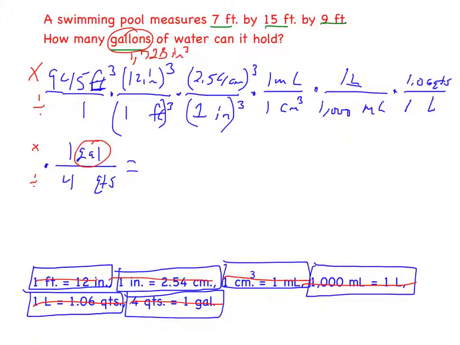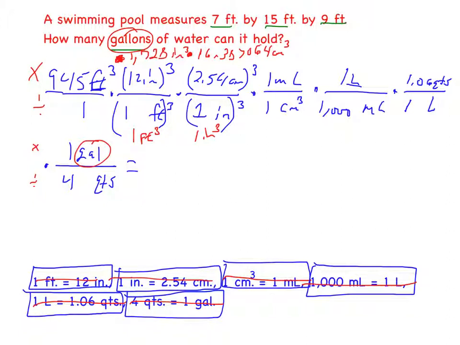And 2.54 times 2.54 times 2.54 is 16.387064. That is a terrible 6 centimeters cubed. And then, of course, down here, 1 times 1 times 1 is 1 foot cubed, and 1 times 1 times 1, 1 inch cubed.